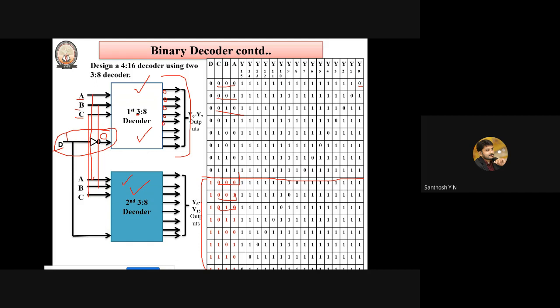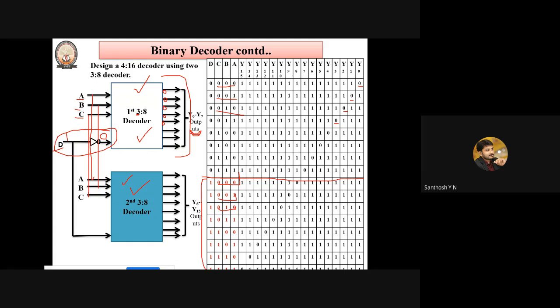So y naught is 0 if my ABC is 0 0 0, for my data 0 0 1, y1 will be 0, for 0 1 0, y2 will be 0, and for 0 1 1, y3 will be 0. Likewise it extends. Now y naught till y7 we have to write with respect to the first decoder.